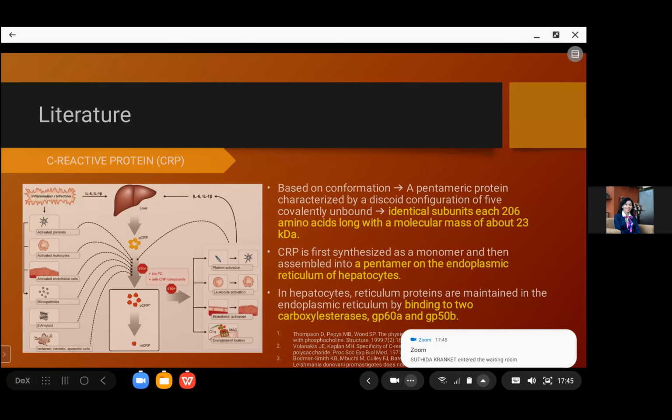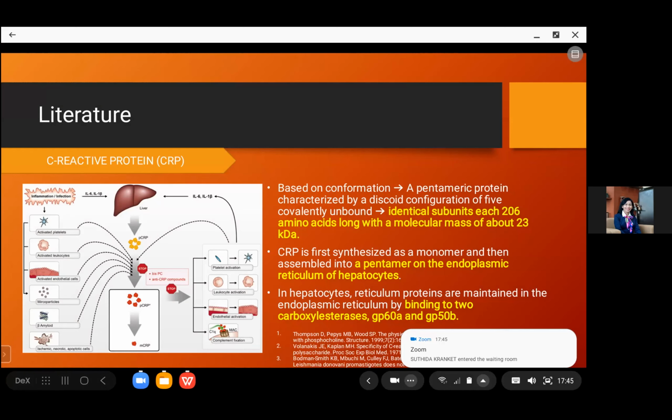CRP is part of the acute phase response, a physiological and metabolic reaction to an acute tissue injury of different etiologies such as trauma, surgery, infection, and acute inflammation, which aims to neutralize the inflammatory agent and to promote the healing of the injured tissue.